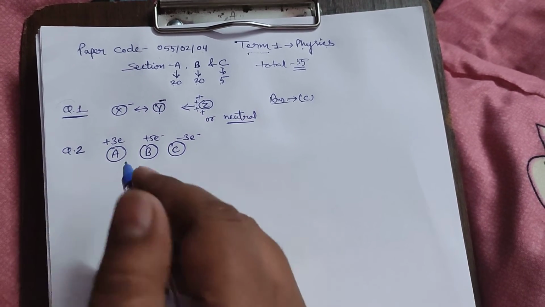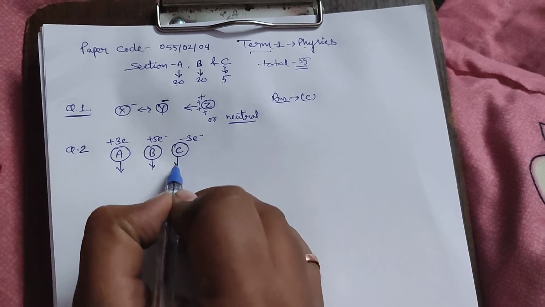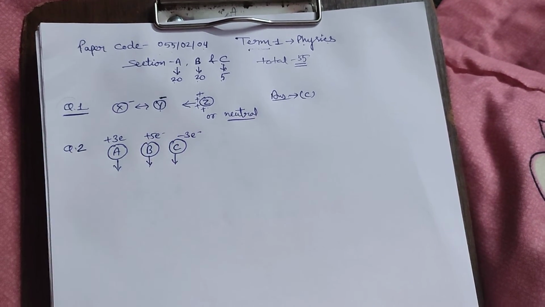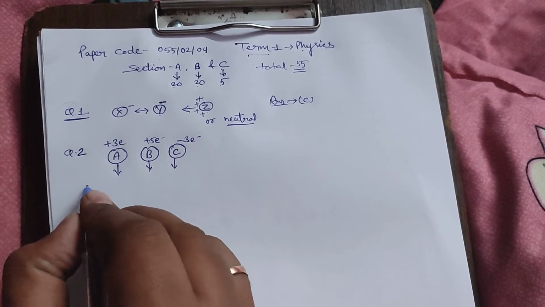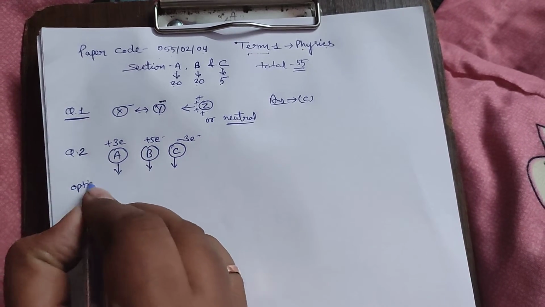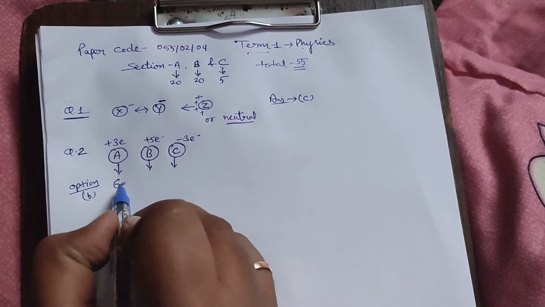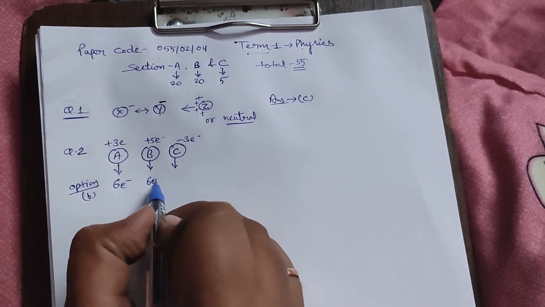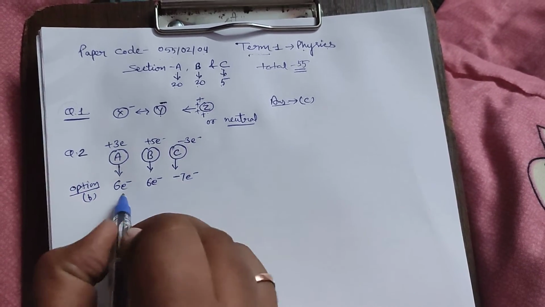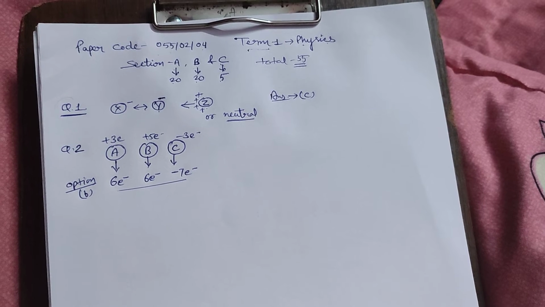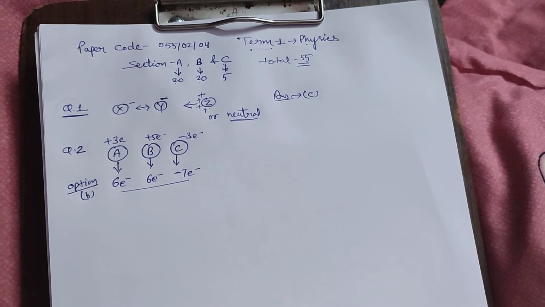Then the final charge on each object is... So it is simple. In the initial condition the total charge is 5 electron. So in the given options, B is the correct option. The final charge on A is 6 electron, B is also 6 and C is minus 7 electron. So the total sum is 5 electron. That is, the correct answer is option B.